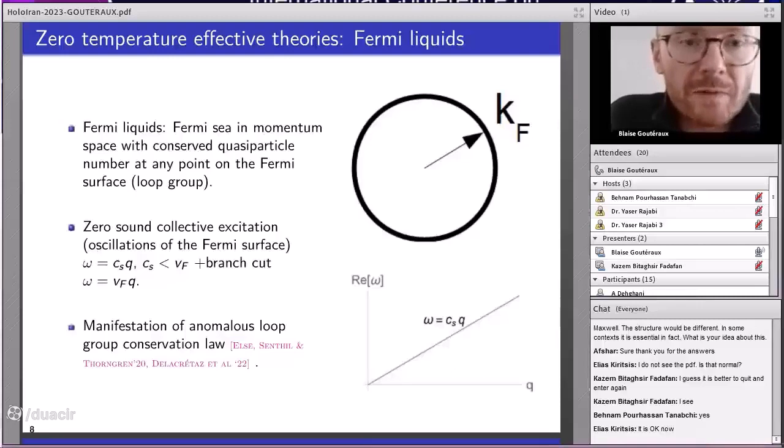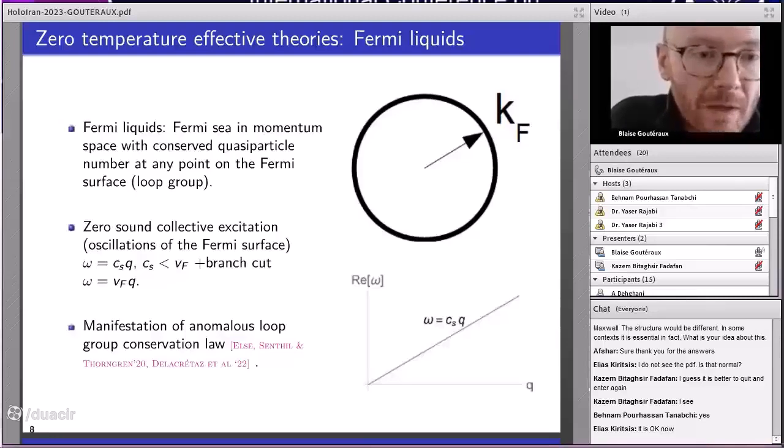People have called this a loop group. Now, by considering small perturbations about the Fermi surface, then it's well known that you find a zero-sound collective excitation at some velocity c_s, which is less than the Fermi velocity, together with a branch-cut excitation at v_F q. Again, v_F is the Fermi velocity, and that provides, in this context, some kind of effective IR speed of light.